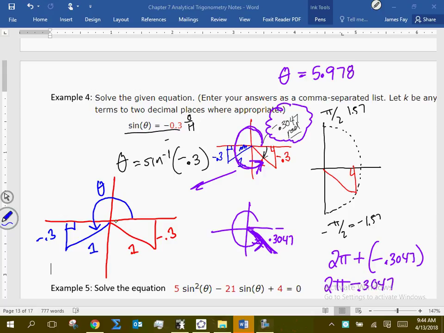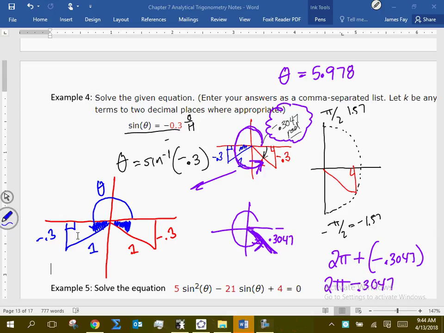So how do I get that blue one? Well, what is the relationship between that angle right there of 0.3047 radians and that angle right there? They're the same, right? They're reflections of one another across the line x equals 0, across the y-axis. Okay?